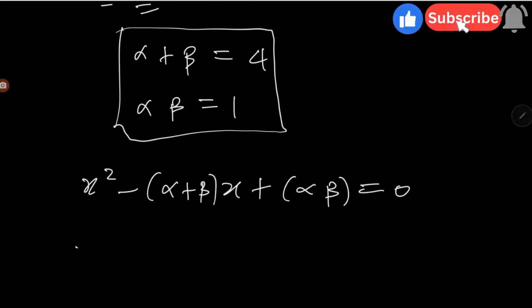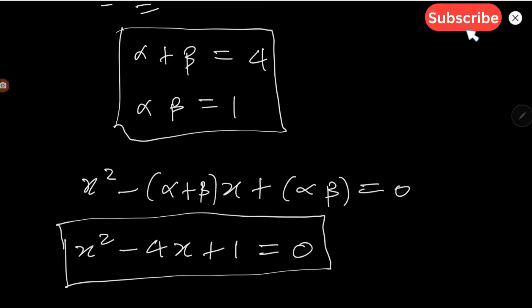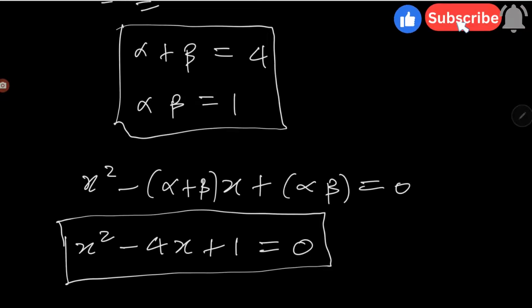So substituting the sum and product that we have, we have x squared minus the sum, which is 4, x plus the product, which is 1, and it will be equal to 0. So this is the equation whose roots are 2 plus root 3 and 2 minus root 3.